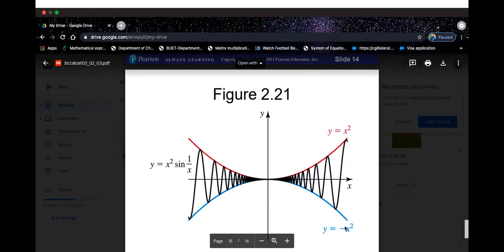So if you draw the function of x squared and negative x squared, your graph of x squared will look like this, and the graph of negative x squared will look like this. If you take a couple of points, you will see the graph will look like this.